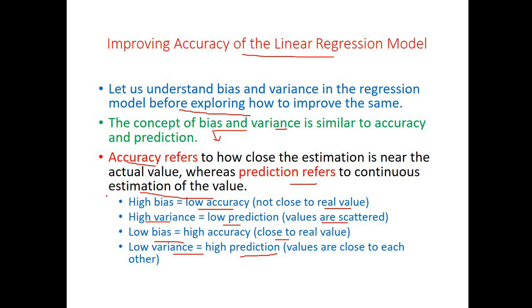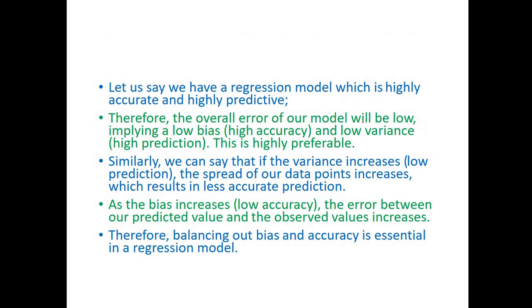So it is always preferred to have a highly accurate and highly predictive regression model. Therefore, the overall error of our model will be low if you have low bias and low variance. This is the highly preferred combination of bias and variance in the regression model. Similarly, if the variance increases, it means low prediction.